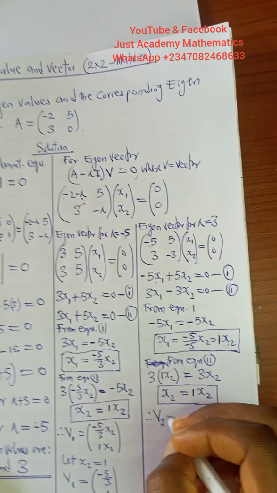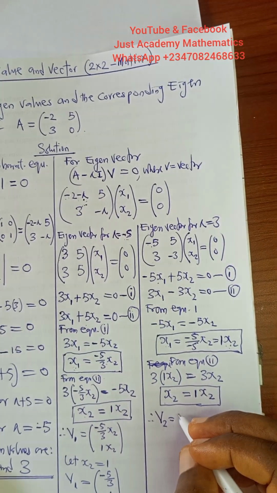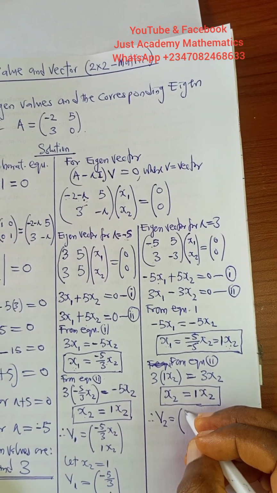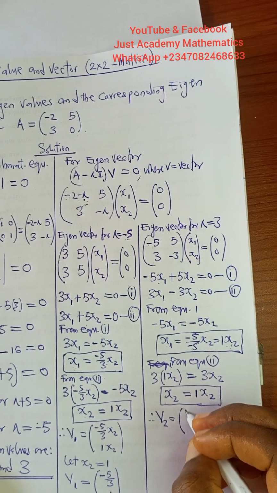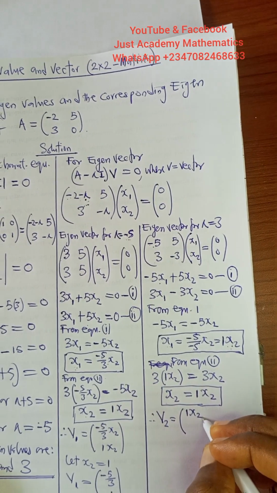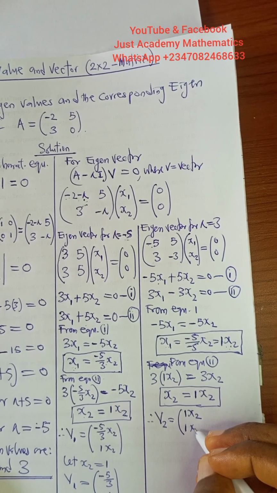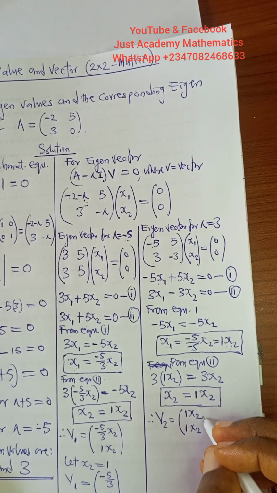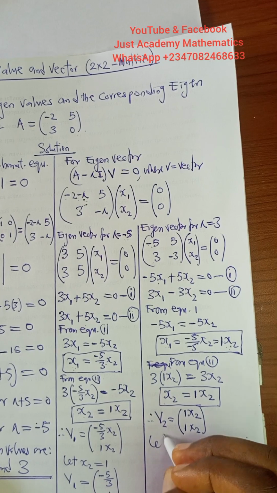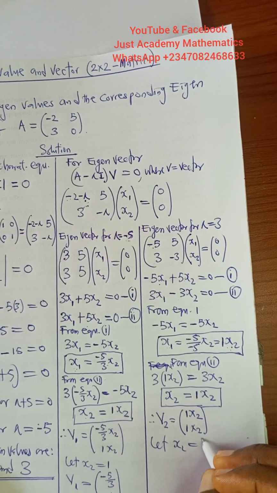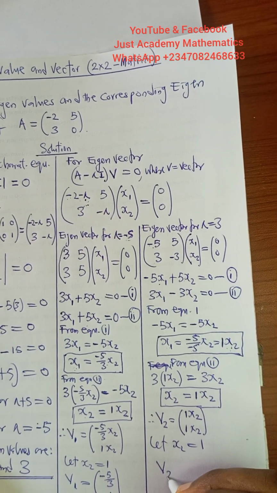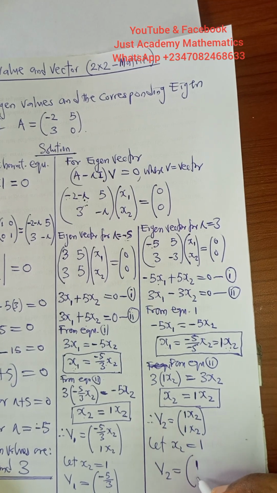Therefore, the vector when the eigenvalue is 3 is what? The first one is what? x1 is 1x2 and then 1x2. Can you see that now? So you let x2 now be equal to 1. So the vector is simply 1 and 1.